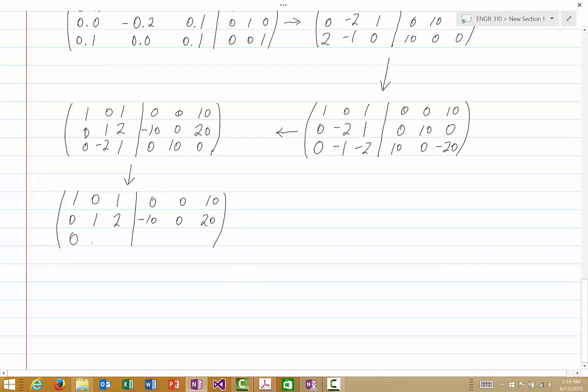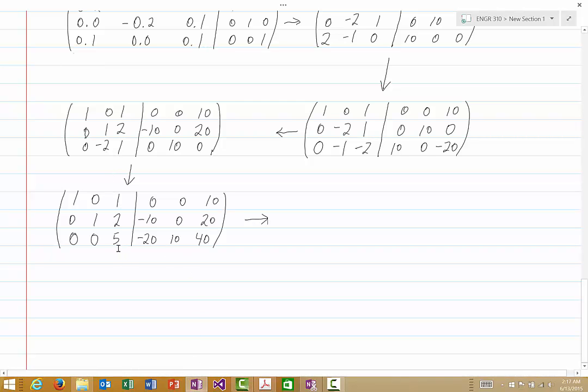So we have 0, 0, 2 times 2 is 4 plus 1 is 5. 2 times negative 10 is negative 20, and added to 0 is negative 20. 2 times 0 is 0 plus 10 is 10. 2 times 20 is 40 plus 0 is 40. And so this is what we have as a result of multiplying the second row by 2 and adding it to the third row.